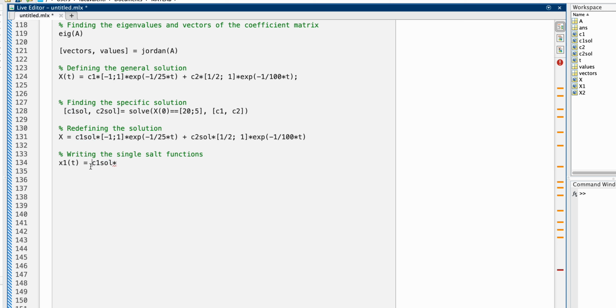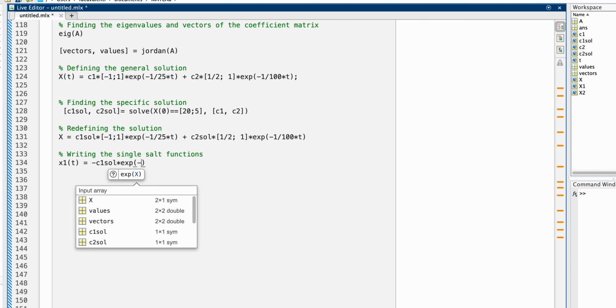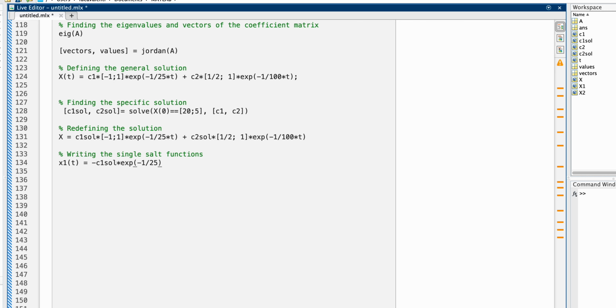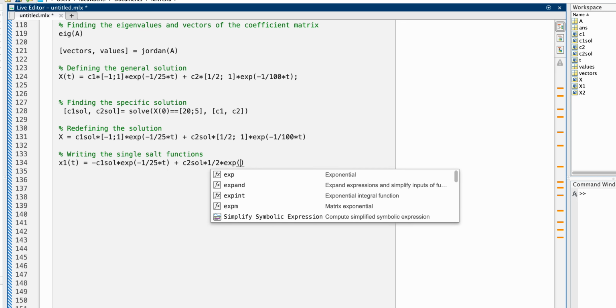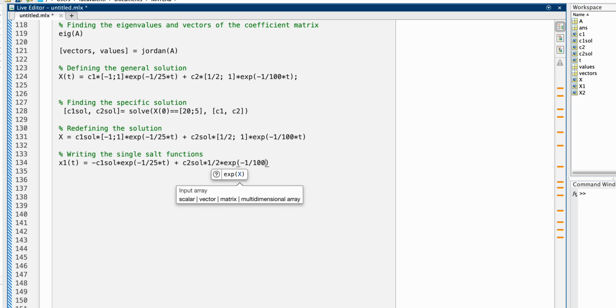So that's going to be negative 1 times C1 sol times the exponent of negative 1 over 25 times t, plus we're going to have C2 sol times 1/2 right here times the exponent of negative 1 over 100 times t. And I want it to output so that you can see it.